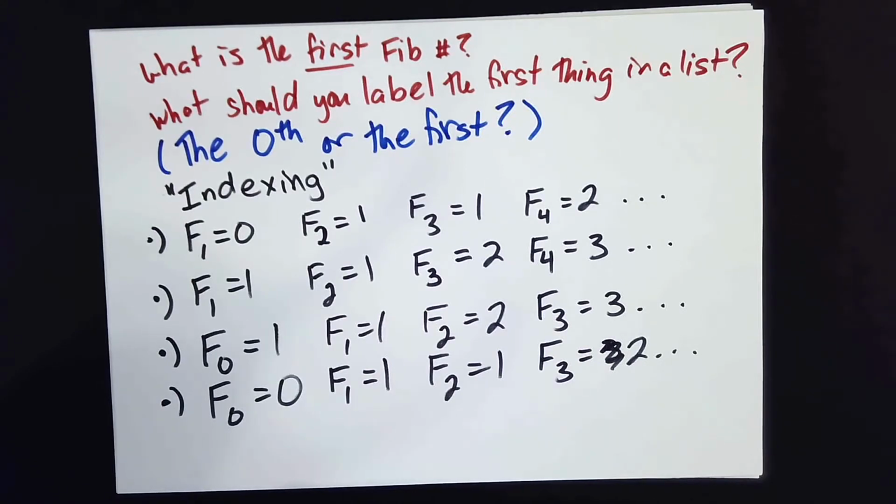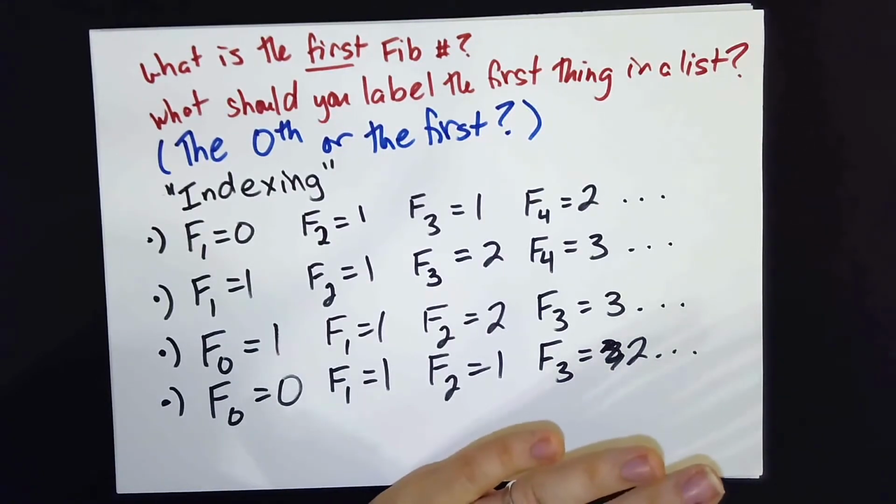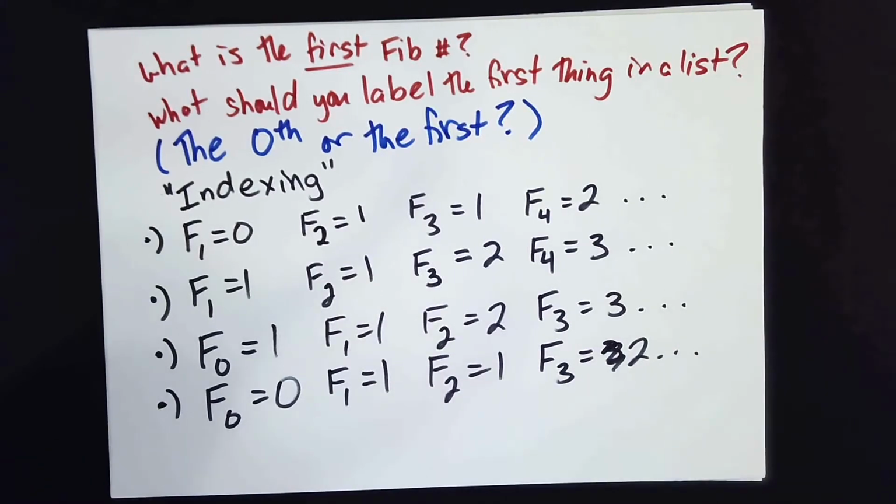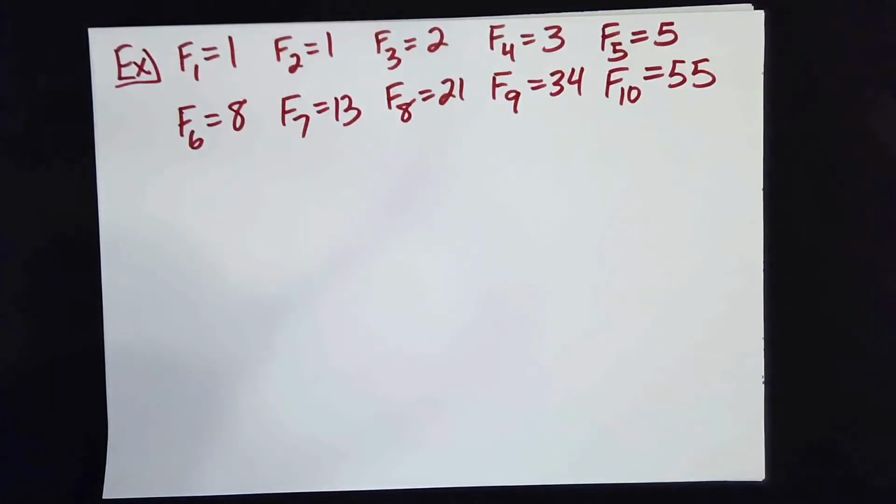And really, rather than picking a side, I again encourage you to just take the philosophy, I'm just going to roll with whatever people use and pick up for myself whatever I think works most naturally and nicely in a particular instance. So by way of modeling that for you, I'm going to do a question about the Fibonacci numbers. And I'll start by just telling you that for this example, I specifically want to think about them indexed this way.